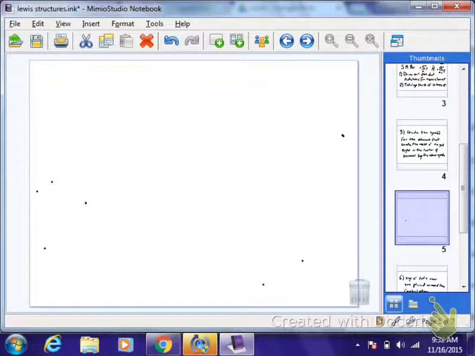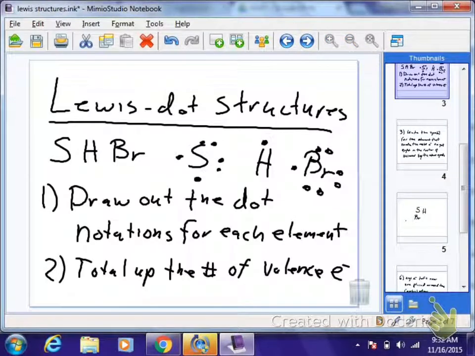Wait, why is sulfur the center one? Okay, I'll go back. We'll put sulfur in the middle, and then we'll put H and Br around the sides. The reason sulfur is in the middle is it has 6. It needs to pick up 2 to get 8. Hydrogen has 1.